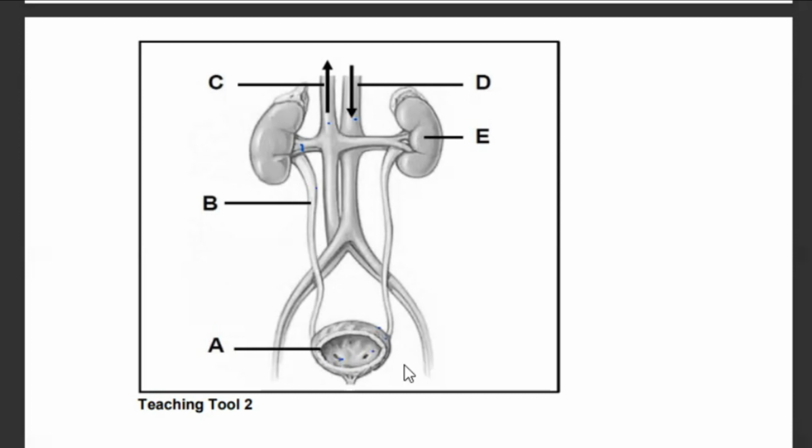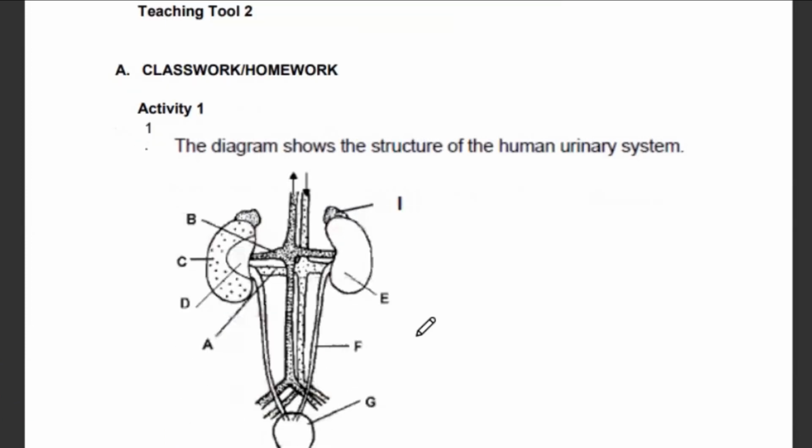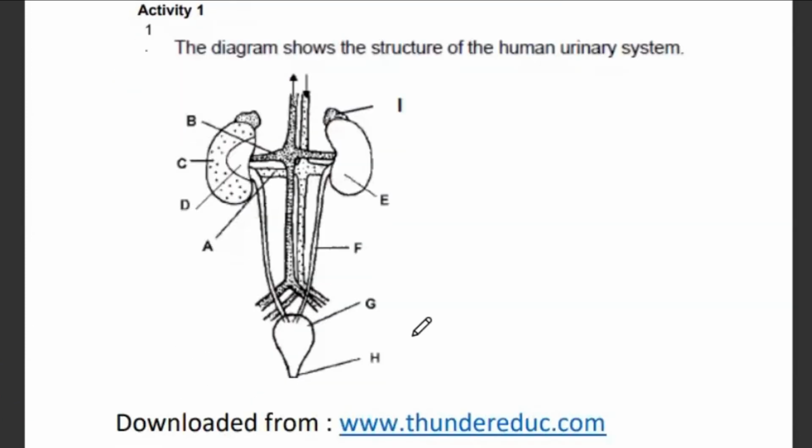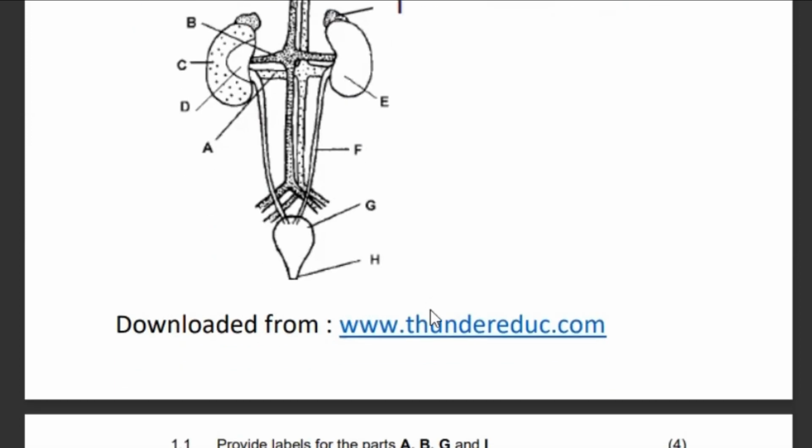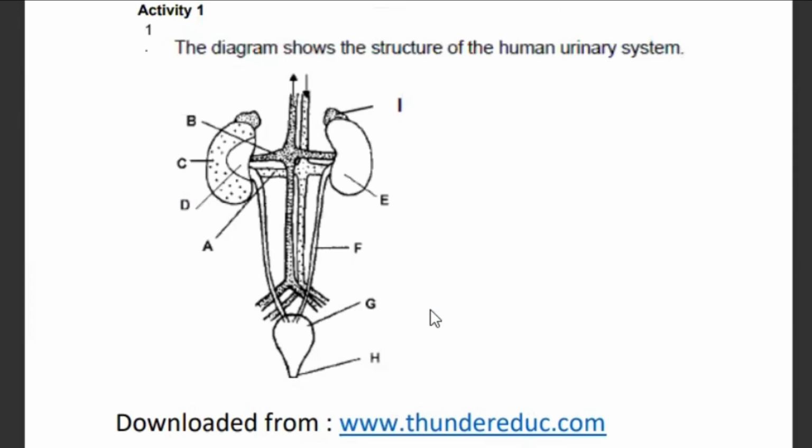So basically, that's it. Then if we come back here, the next question looks like the first one, but it might not be exactly the same. Guys, let me know if you have a question so that I can answer it. They're saying, label A, B, G, I. Let's look at A. What is A?